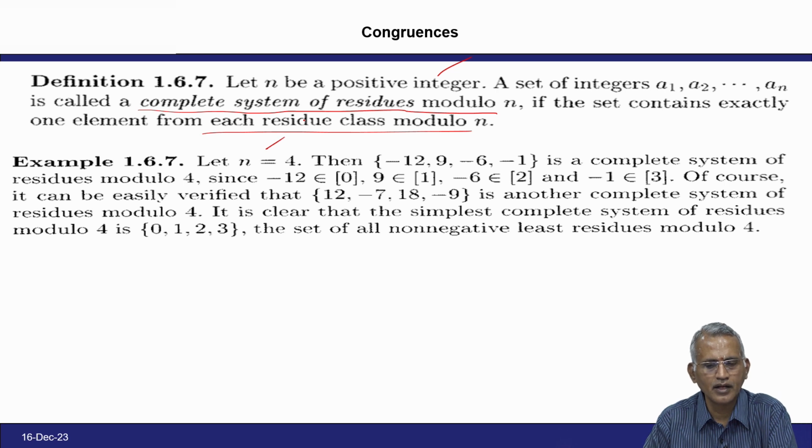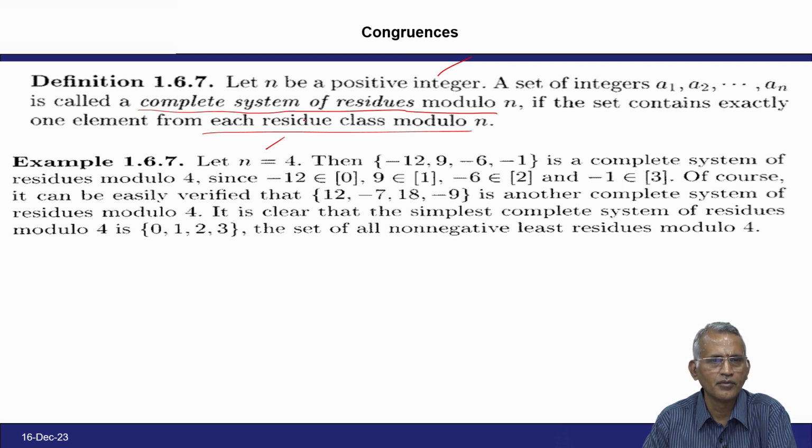Then the set of classes under modulo 4: minus 12, 9, minus 6, and minus 1 is a complete system of residue under modulo 4, since minus 12 belongs to class 0, 9 belongs to class 1, minus 6 belongs to class 2, and minus 1 belongs to class 3.